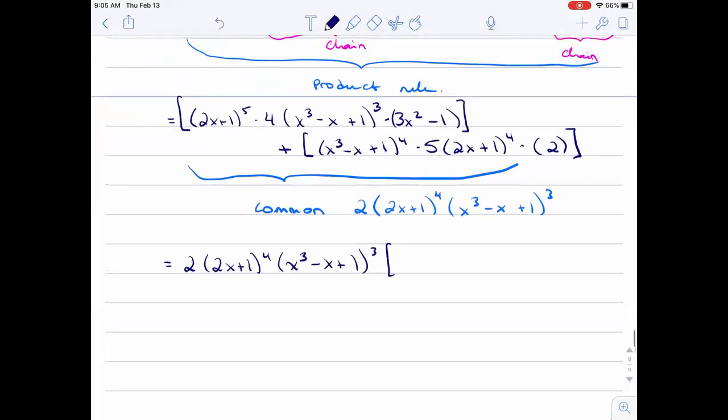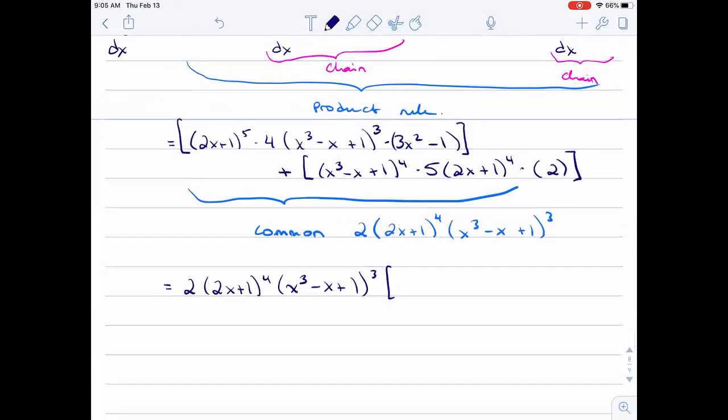And then everything else, times, still need a 2x plus 1 in that first one. I'll put the 2 out front, I'll sneak it out front. Or maybe I won't. Don't want to get too messy here.